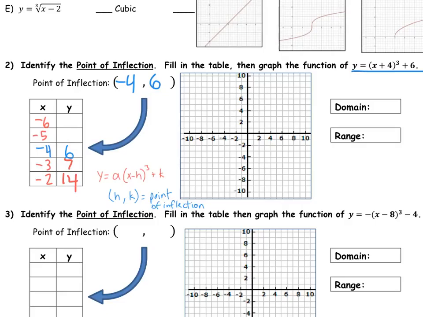Same thing going the other way. Negative 5 plus 4 is negative 1. Negative 1 cubed is also negative 1. Negative 1 plus 6 is 5. And then negative 6 plus 4 is negative 2. Negative 2 cubed is negative 8. And negative 8 plus 6 is negative 2.